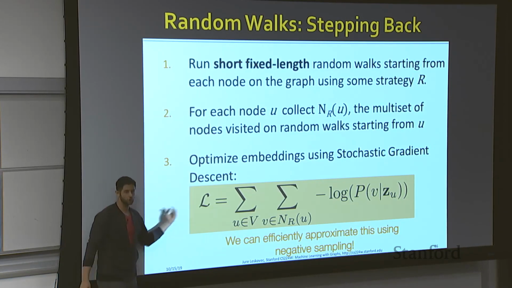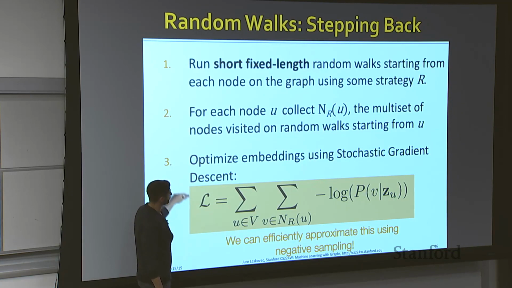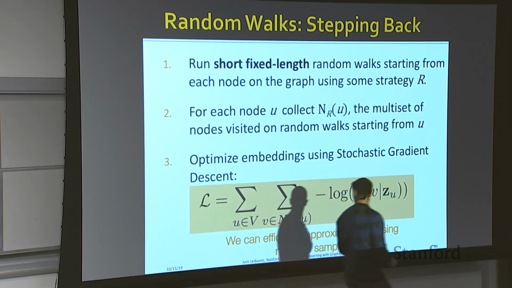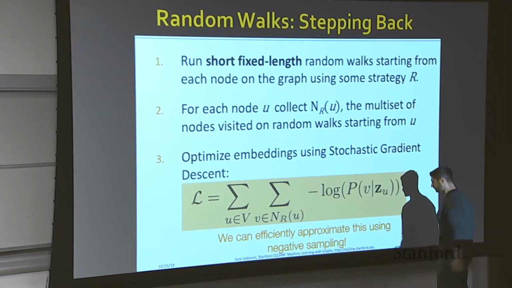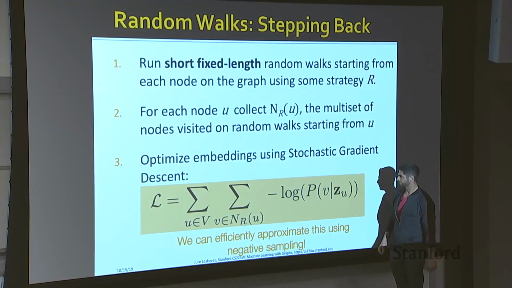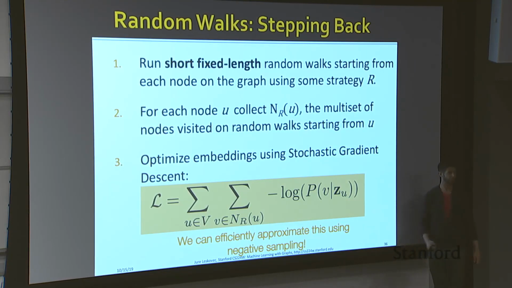And then we're going to be optimizing our embeddings, given our loss function. Clearly, this is a non-convex function, so we can use basically the same kind of tools that you have been using in all your other machine learning courses and projects. We're going to be using stochastic gradient descent, okay? So we're going to be trying to minimize the loss. And as we have seen before, going from this high-level definition of the loss function, we find a way to efficiently approximate it through negative sampling, okay?